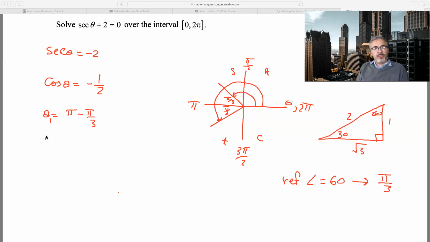And theta 2 equals all the way to pi and add pi/3. 1 pi is the same as 3/3, so you could do a common denominator and make this 3/3. Now 3 minus 1 is 2 pi/3. And 3 plus 1 is 4 pi/3. And these are your two answers for this question.